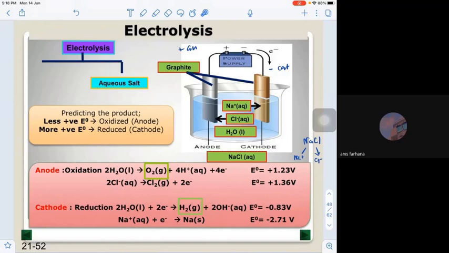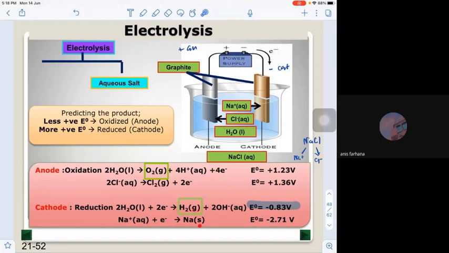Between these two, the one that will more readily undergo reduction is the one with the more positive E naught. The E naught for the reduction of H2O is more positive, or less negative, than the E naught for Na plus to undergo reduction. So the product at the cathode will be hydrogen gas instead of solid Na.